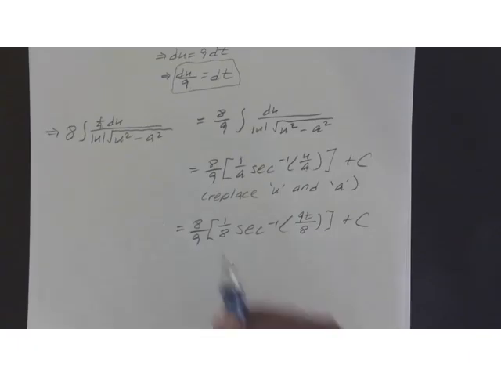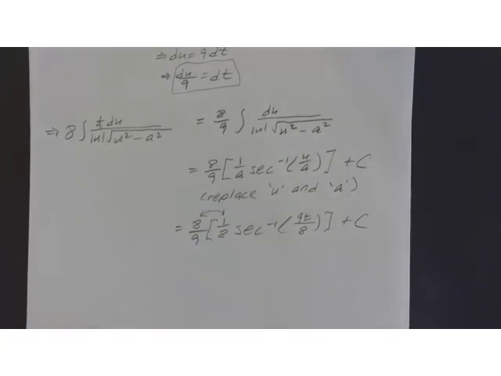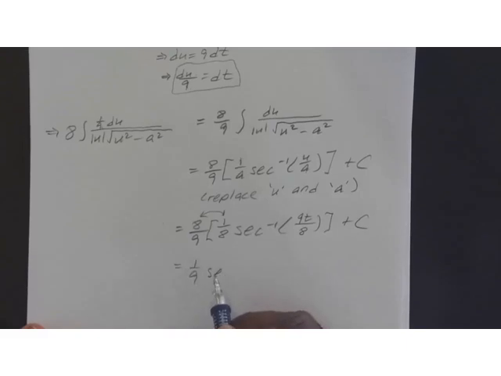So if we go ahead and multiply these two together, the 8's cancel each other out, so we're left with 1 over 9 times secant inverse of 9t over 8 plus c.